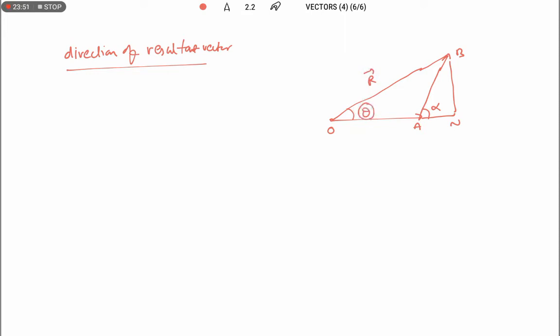So our aim is to find theta. So from the figure, in right angle triangle ONB, tan theta is equals to NB by ON. This theta we need to find.